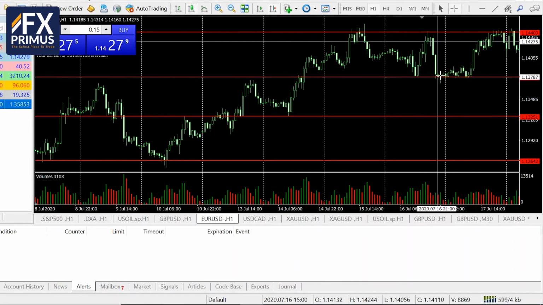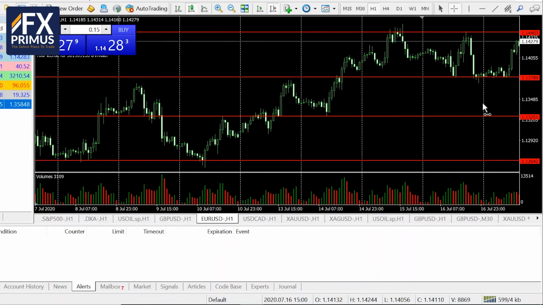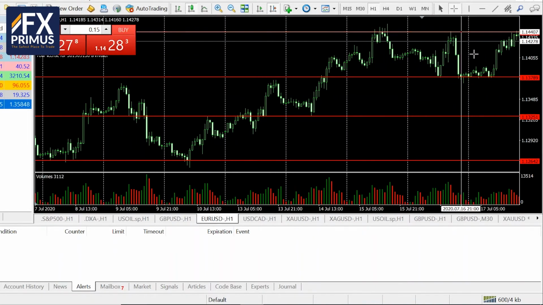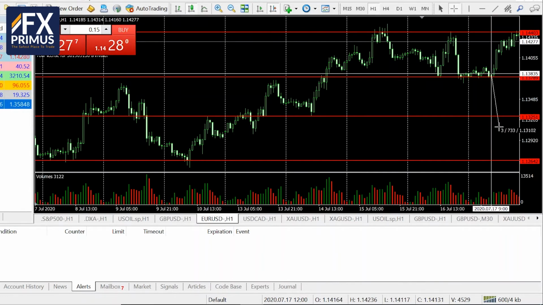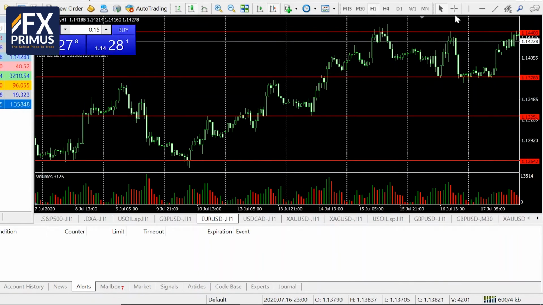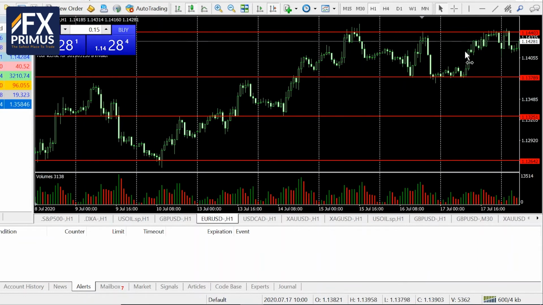So again, the euro dollar was well rested here on the support levels, and then after at about here, okay, 900 hours plus 5 is 14 again. So the euro dollar strengthens against the US dollar, moving up from 1.1379 all the way until a high of 1.1439. Okay, going up about 60 pips.